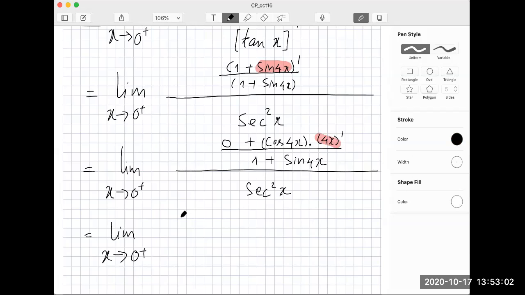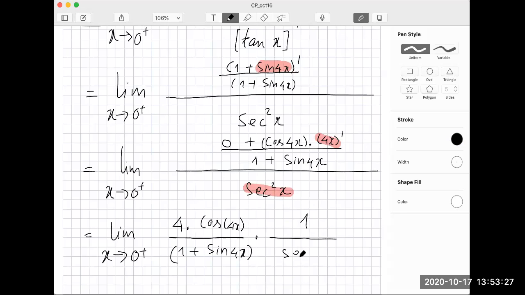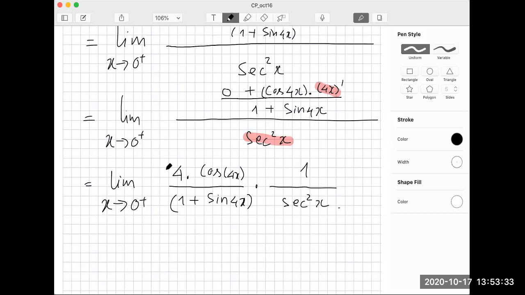So this guy would be 4 times cosine of 4x divided by the denominator, which is 1 plus sine of 4x, multiplied by the reciprocal of the denominator, which is 1 divided by secant square x. Okay? So are we good here? Very good.